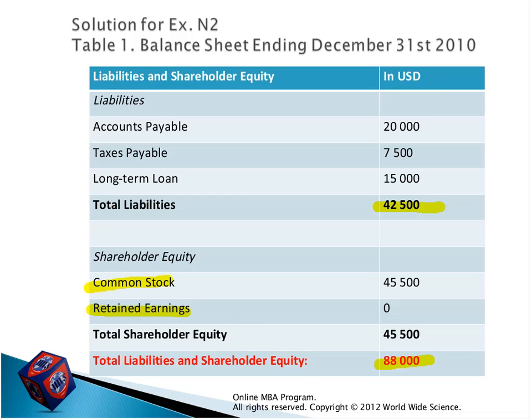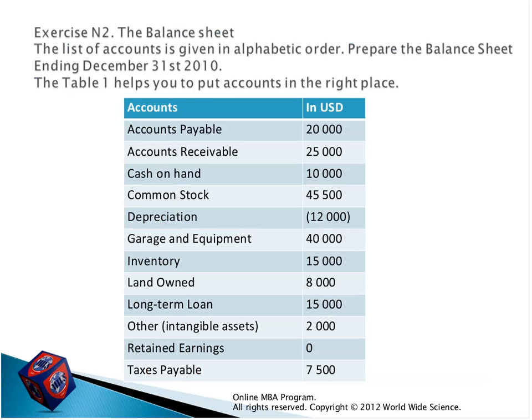So right now we have a balance in our balance sheet, with assets equal to 88,000 and liabilities and shareholders' equity equal to the same amount. This should be clear. Any questions about the balance sheet? I tried to prepare a simple balance sheet for you. You see, in the list you have only a few transactions.